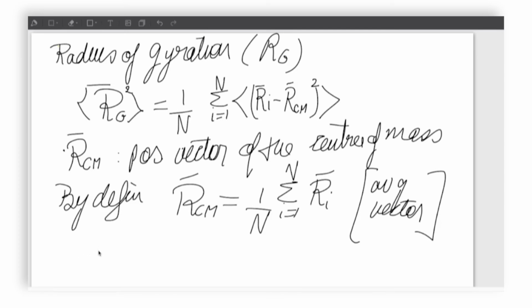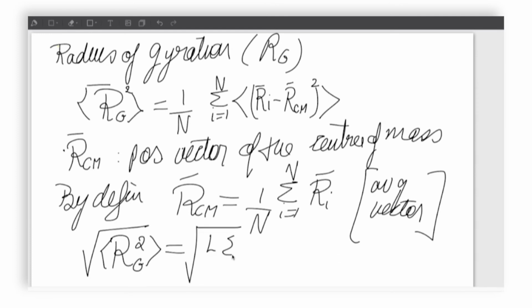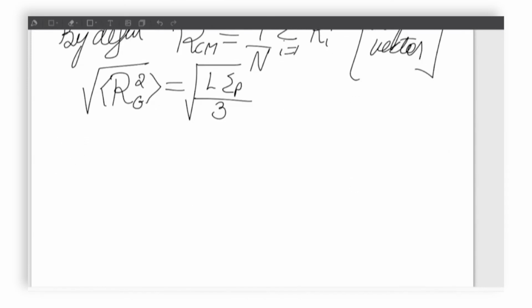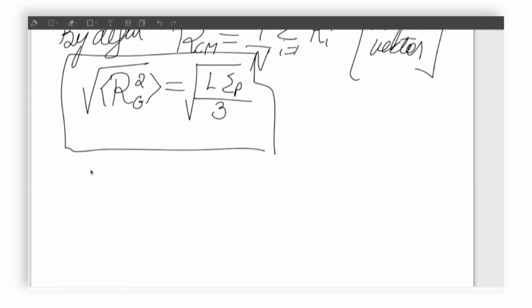It turns out that you can write the average radius of gyration, or the root mean square radius of gyration, for a random walk polymer as L Cp upon 3. I leave this for you to try to prove if you want to test it. Suffice to say, we are going to use this result.